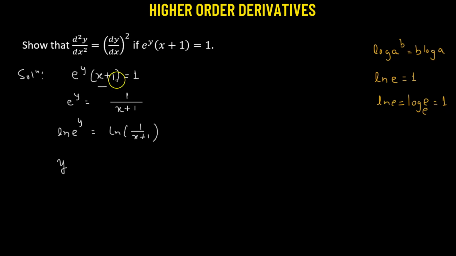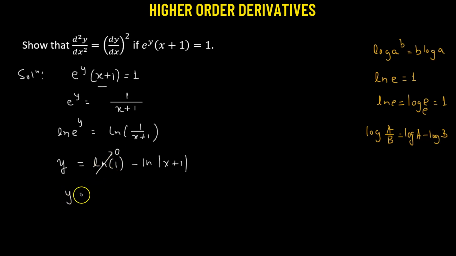Fine. So this gives us 1 times y, and this will be equal to natural log of 1 minus natural log of (x plus 1). Here we have used another property of logarithm. That means if we have log of a over b, that's equal to log of a minus log of b. Right. So now log of 1, that is always 0.